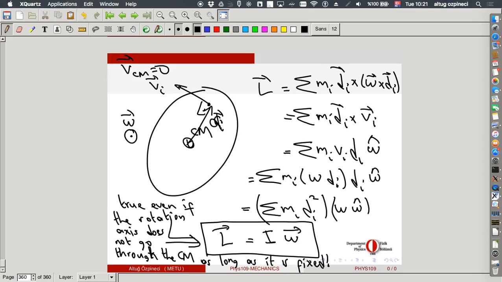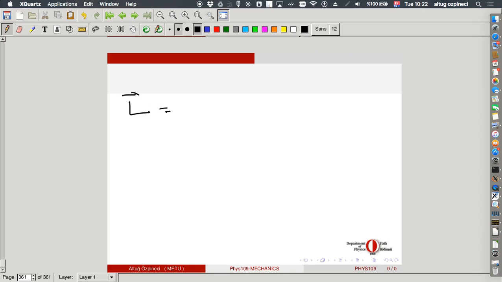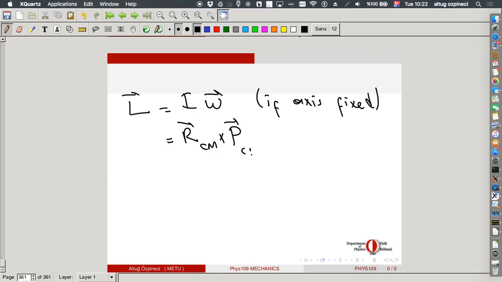But even if it is not fixed, in the general case, the angular momentum will always be either I times omega, if the axis is fixed, or center of mass cross P center of mass, plus L center of mass, or I center of mass times omega, if the axis goes through the center of mass.